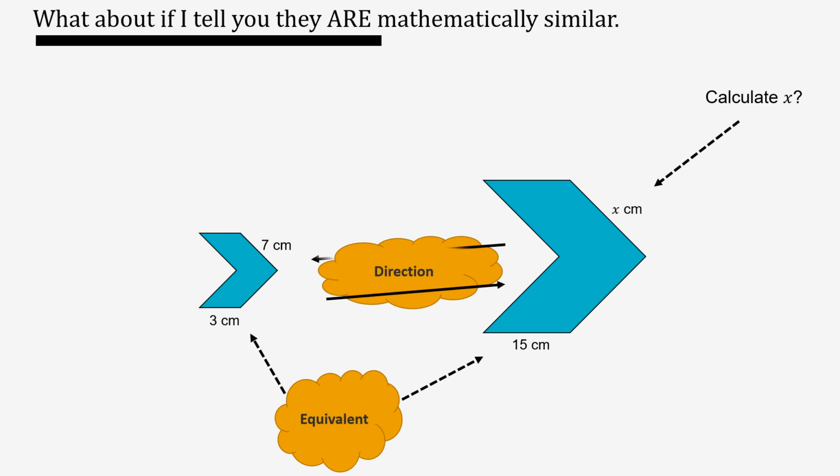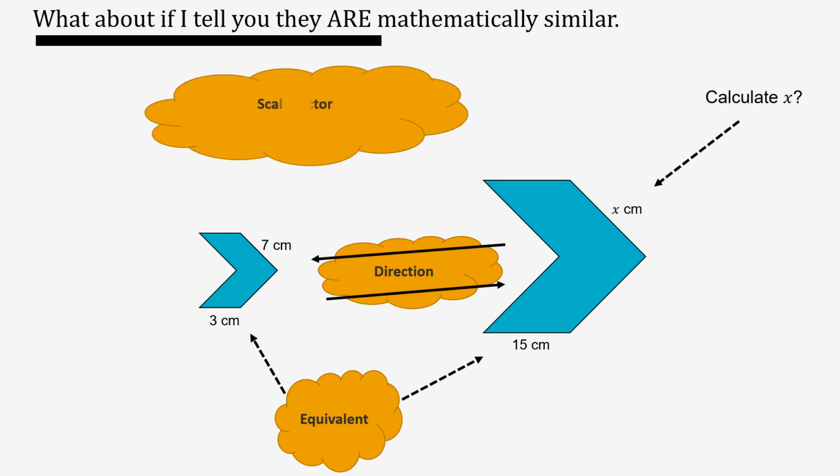Next, we need to find the scale factor. The scale factor is greater than 1 if it's getting bigger, and less than 1 if it's getting smaller. The formula is the second length always divided by the first length. Always remember that when you're working with these formulas.